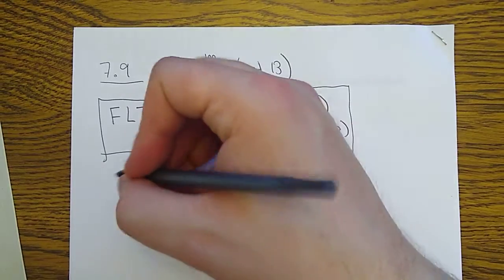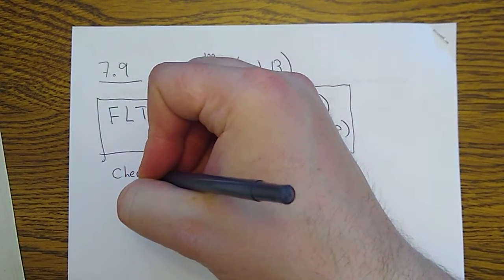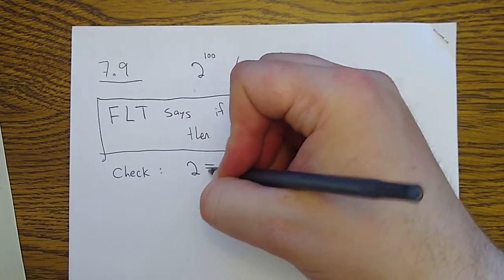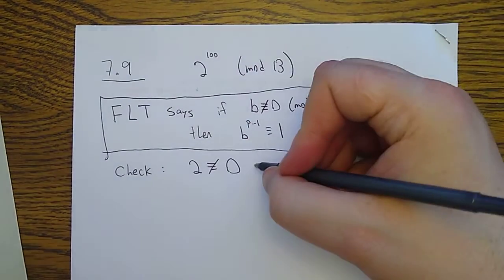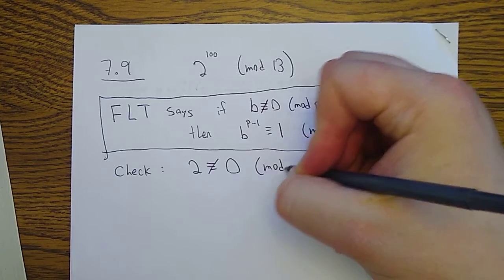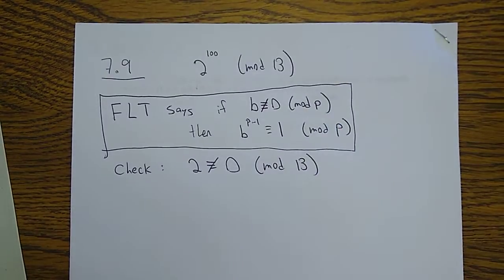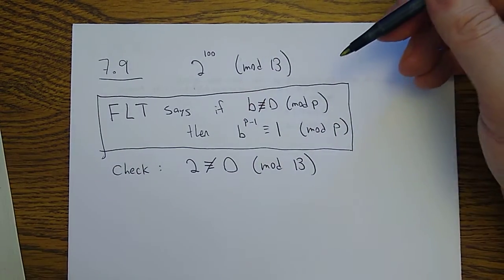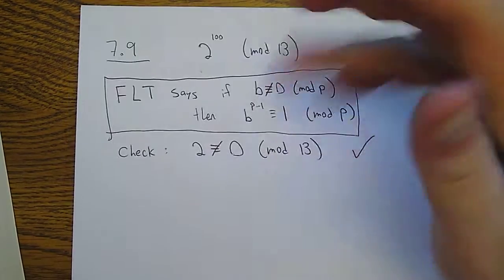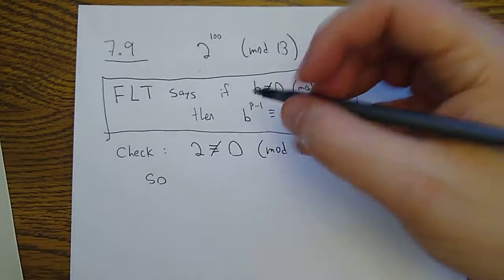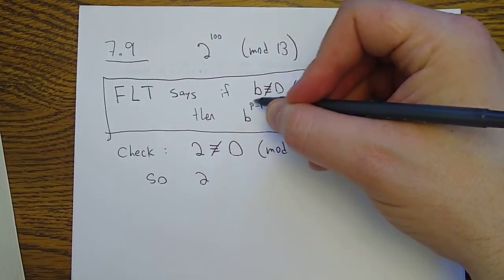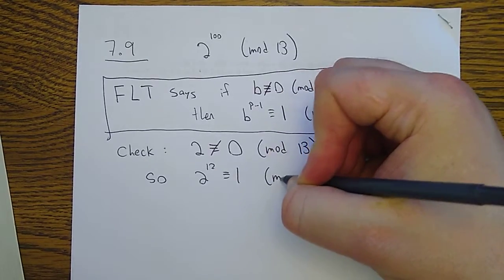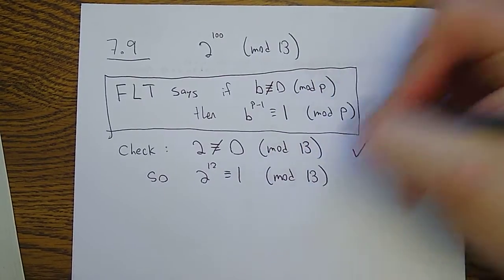So if I check, first of all, if B is 2, I'm supposed to check 2 is not congruent to 0 mod 13. Indeed, it's not. If I do 2 minus 0, that's not a multiple of 13. Great. So 2 to the 12th is congruent to 1 mod 13.